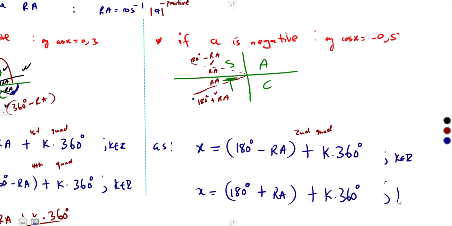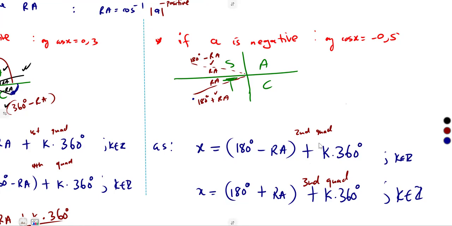Just like that, we are going to have the general solutions for negative values in the second and in the third quadrant. Cos gives us a negative value there. So it is something to be considered.